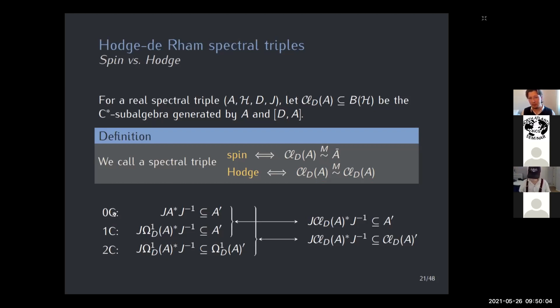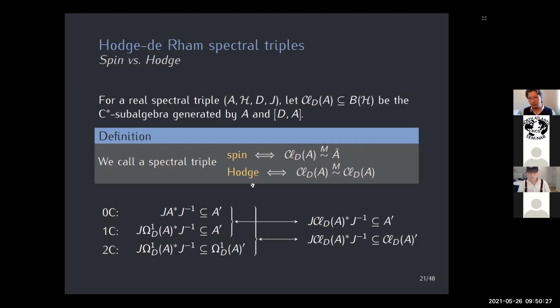If you take the zeroth order and first order conditions together, what you end up with is effectively the same as saying that the real structure takes your Clifford algebra into the commutant of A. But when you make this inclusion into an isomorphism, then you recover the spin condition. And this is the sense in which it's meant.